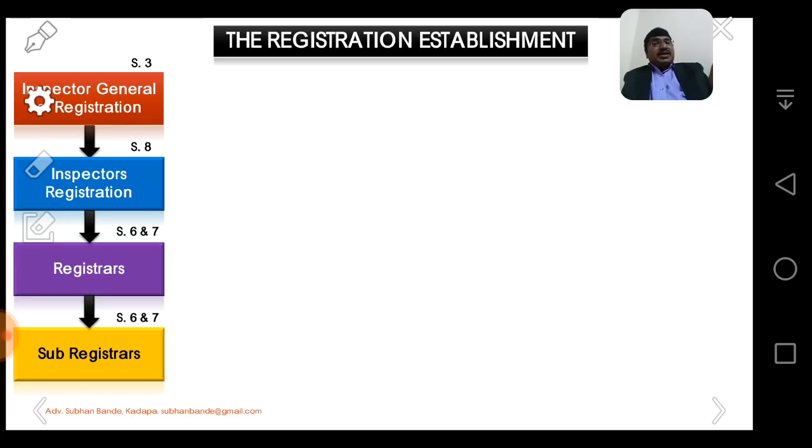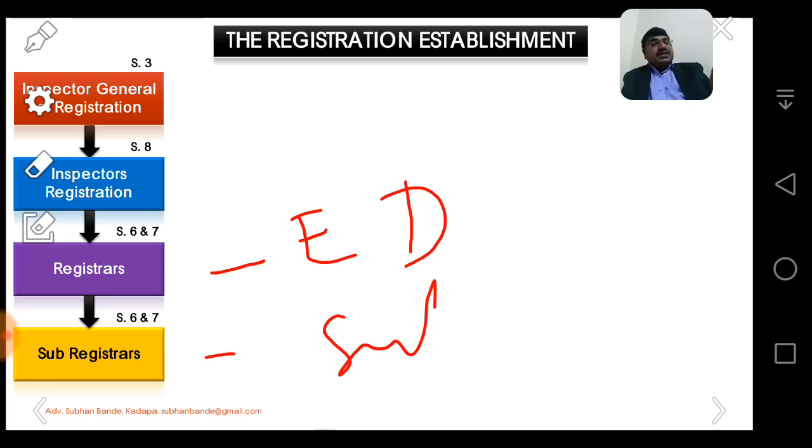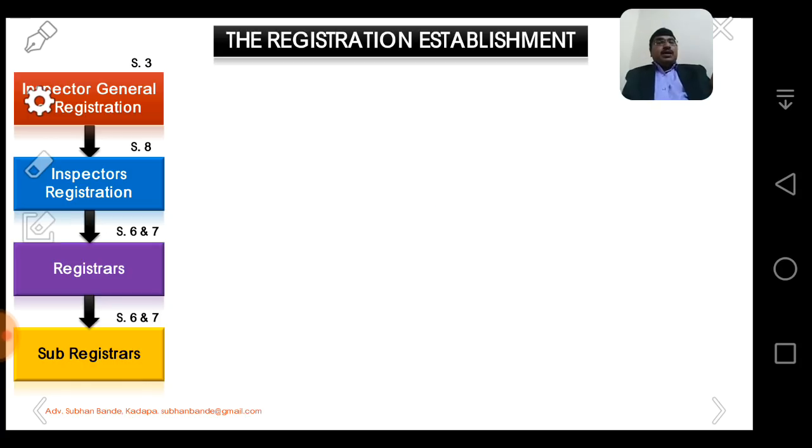The state government shall establish a registrar office in every district, a sub-registrar office in every sub-district. The state government divides the entire state into certain districts and sub-districts.